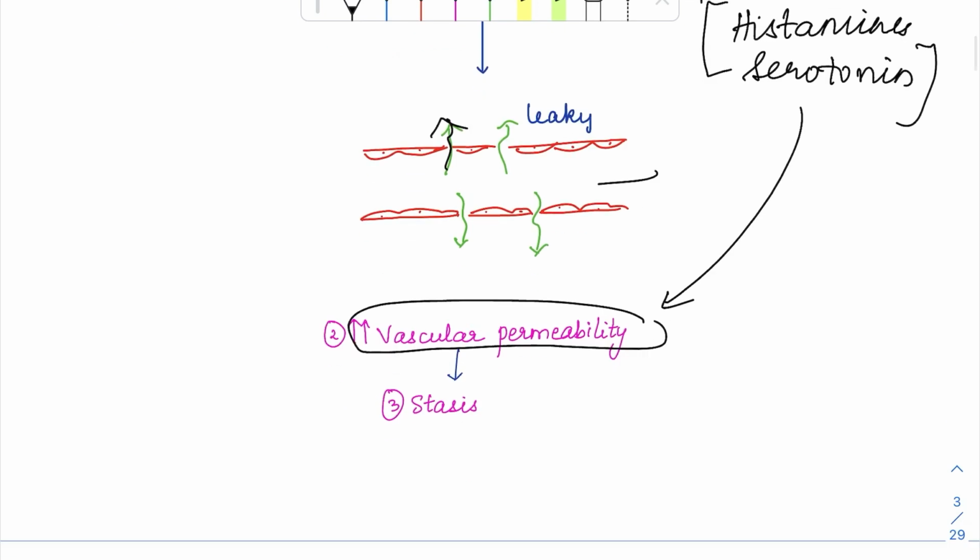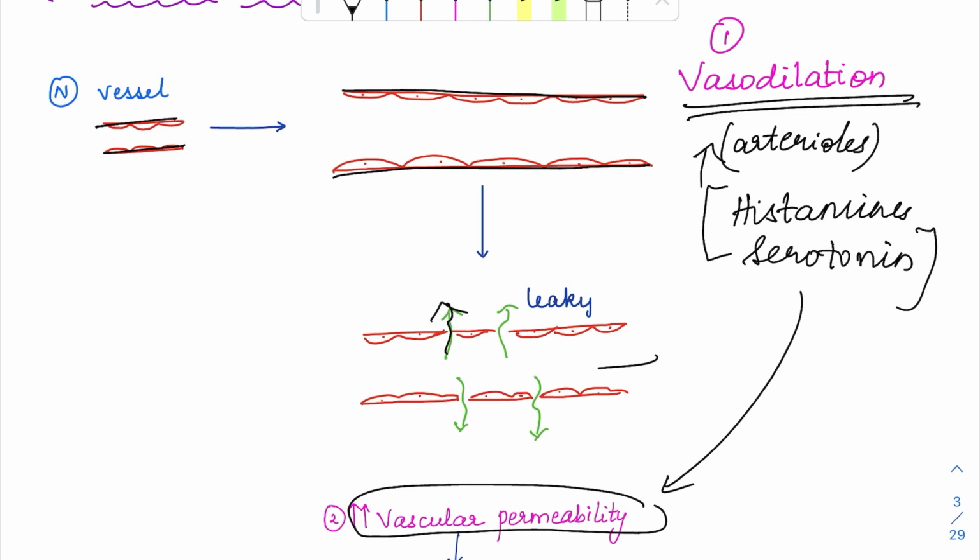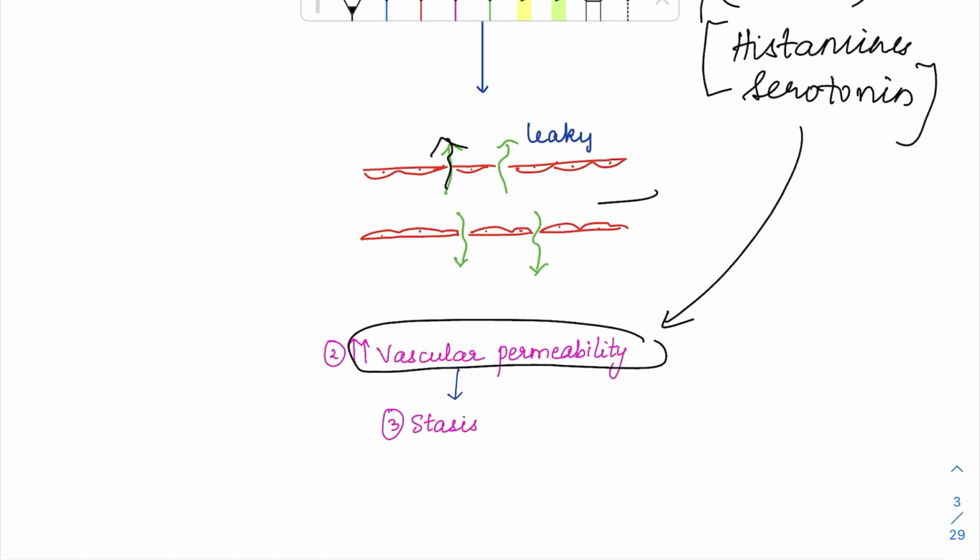When the fluid and cells leak out of the vessel, the RBCs present inside the vessel are going to undergo stasis. There will be sluggish movement, because blood is going to move sluggishly as water has gone out, and with sluggish movement there is going to be stasis. So these three are the vascular events which happen.